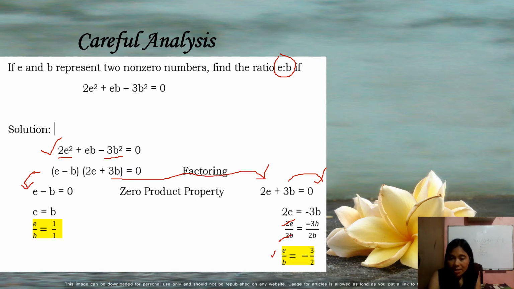Now, negative 3b over 2b, we can cancel out b here. So we will end up with negative 3 over 2. Therefore, the ratio of e to b is negative 3 over 2 or 1 over 1. So there are two answers.